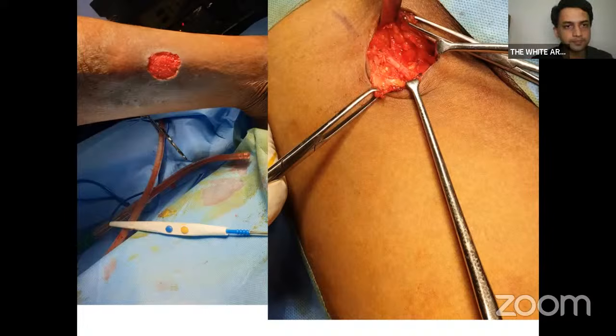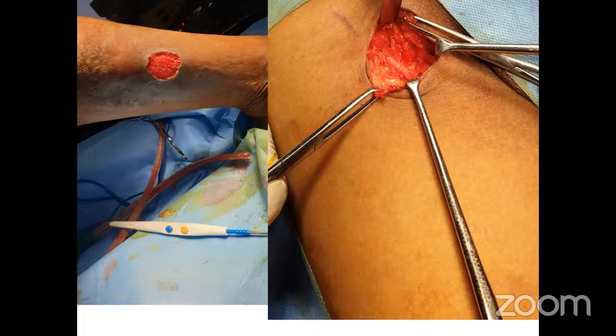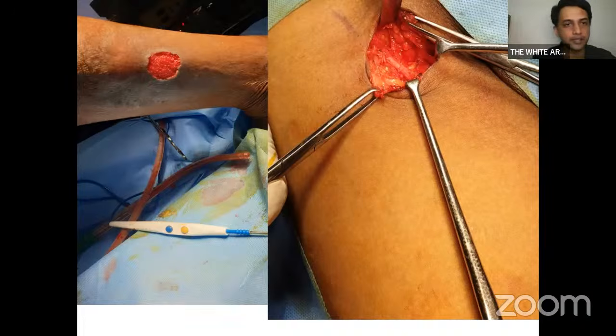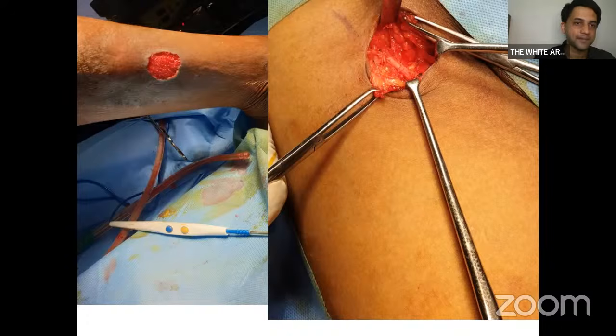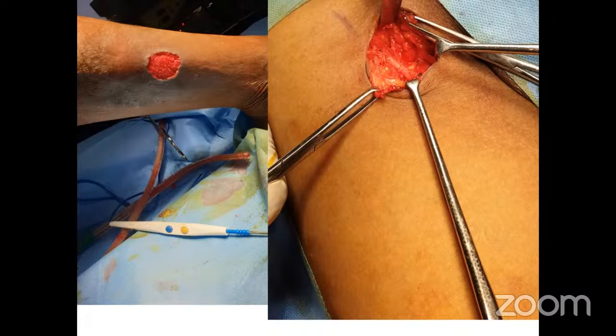Regular margin, well defined regular margins. Granulation tissue you can see on the floor, and sloping edges. Very good.